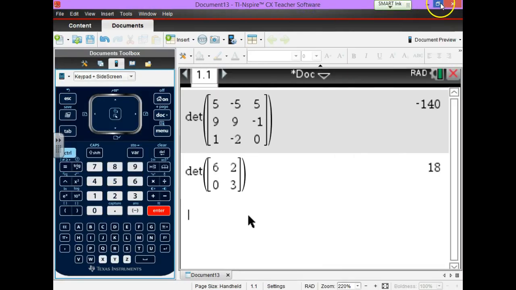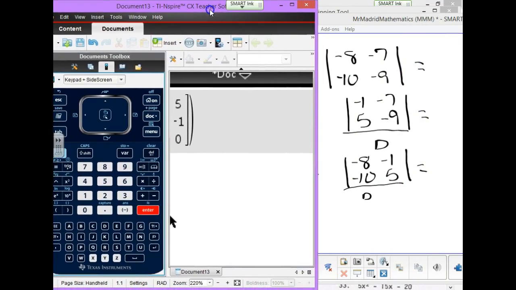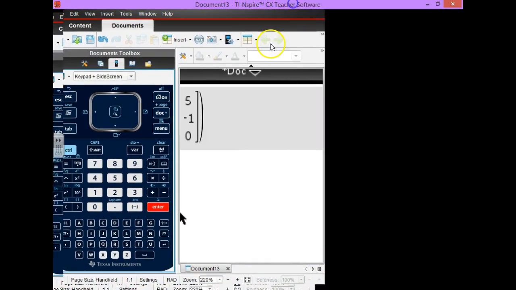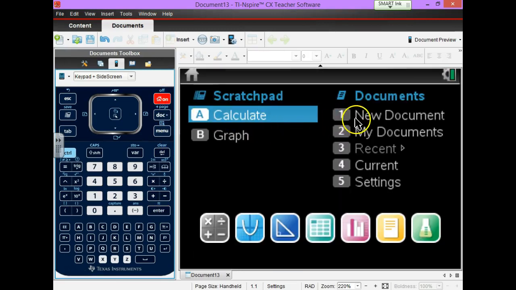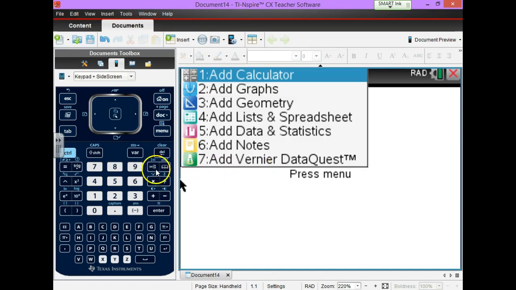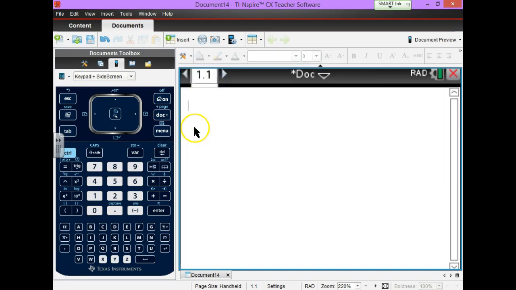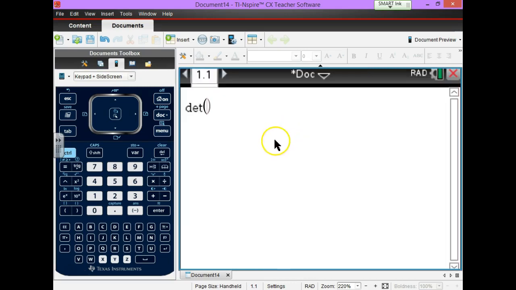Let's put these in here. Let me clear this screen. On the calculator, Menu 7, 3.